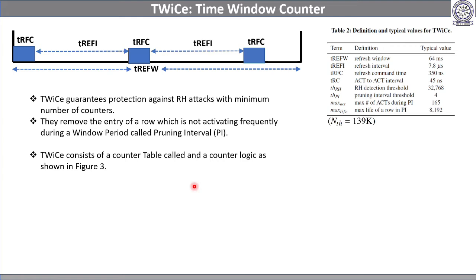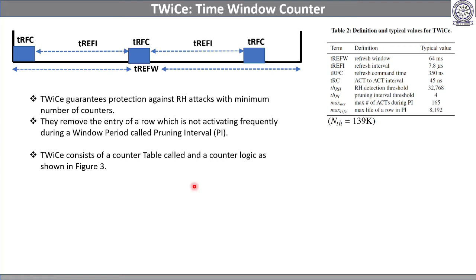So how are they maintaining all the rows with a limited number of counters? They remove the entry of a row from the counter if the row is not frequently accessed, or not frequently activated, during a particular period, and that period is called PI here. This is their main concept, because if the counters are limited, they cannot maintain a counter for each row in the bank.